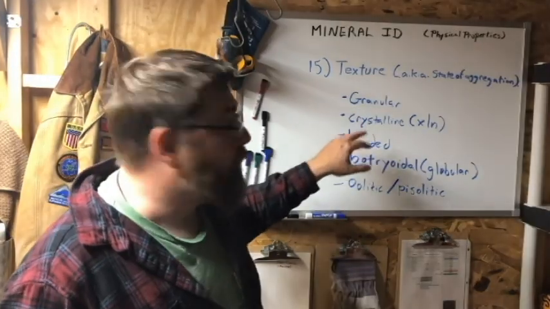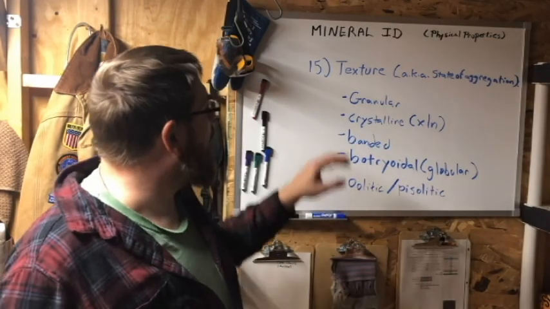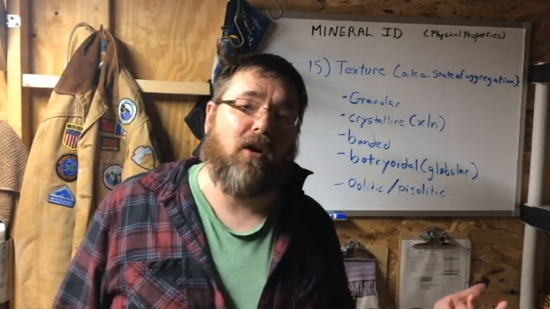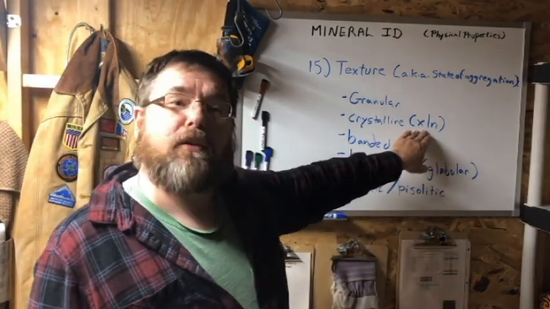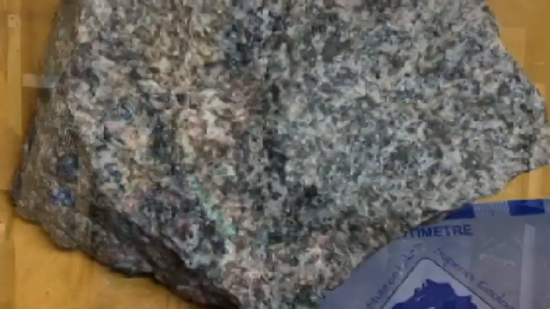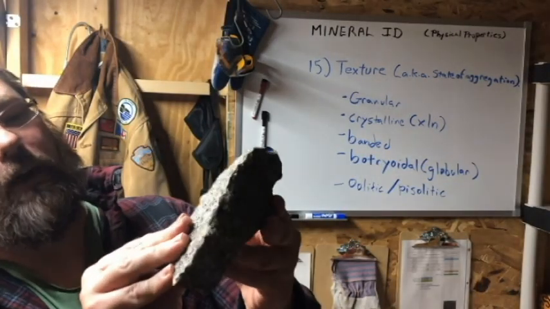We use a lot of the same words. You have something that can be granular in appearance. A granular mineral will look basically like a sandstone for all intents and purposes. It looks like that. Crystalline, this is how we abbreviate crystalline, XLN, or crystal would just be XL. That would be something like this, which is a nice granitic rock where you can see well-defined crystals on it.